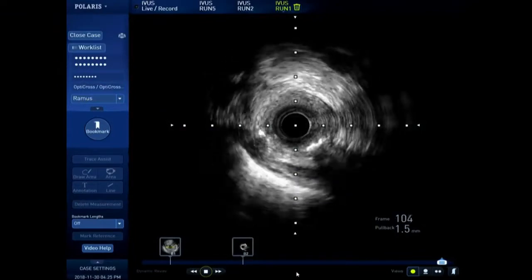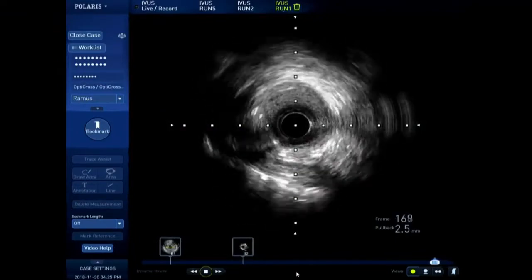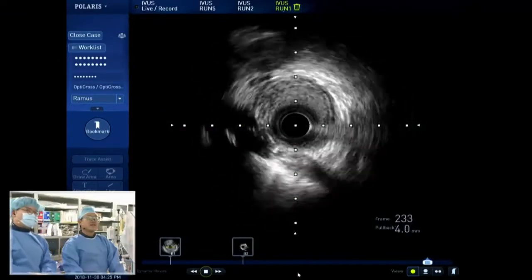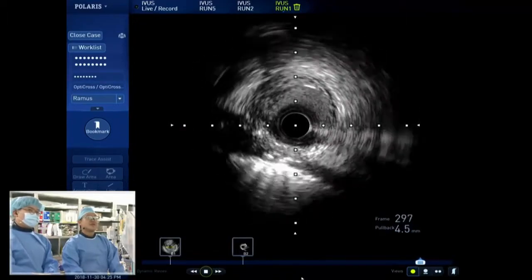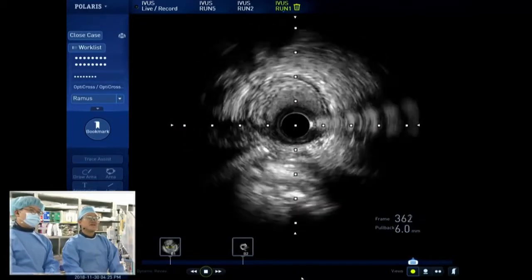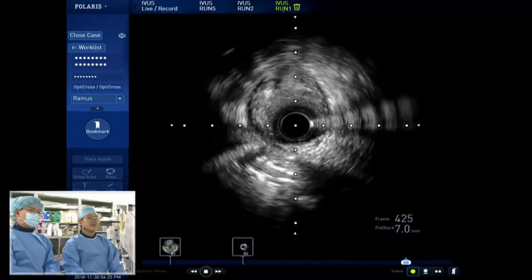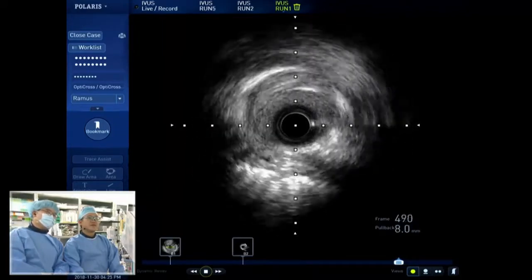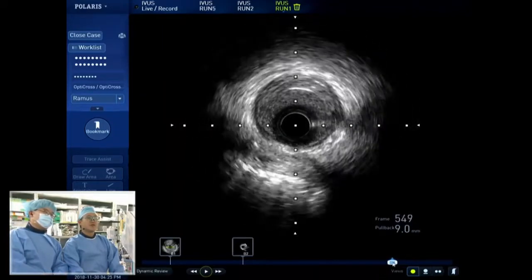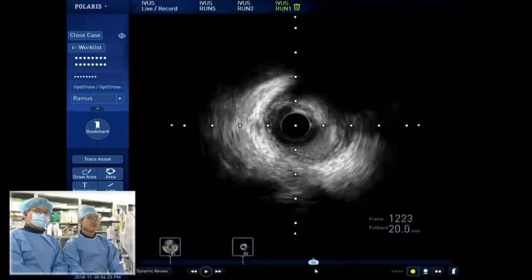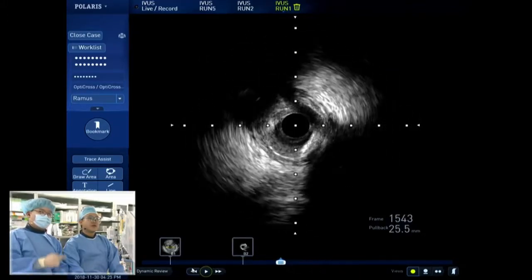This is the Ramus branch, and it's 2.5. Can you show just the ostium, a little further? Okay, go.